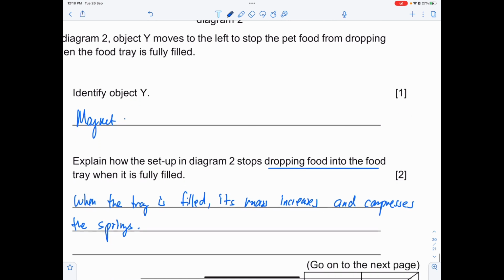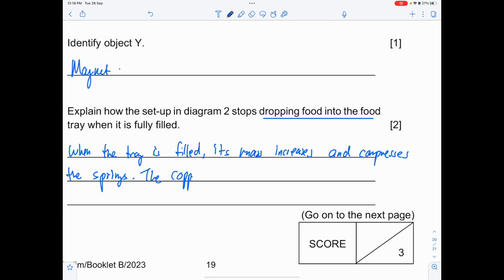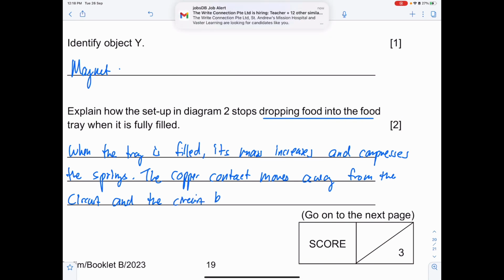The copper contact moves away from the circuit, and the circuit, first C, becomes open.